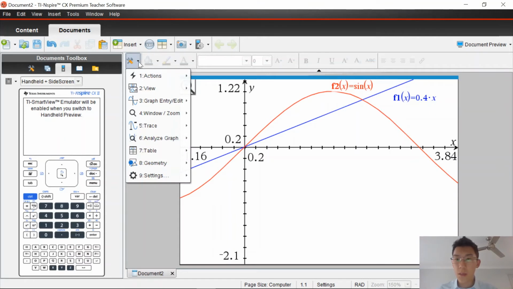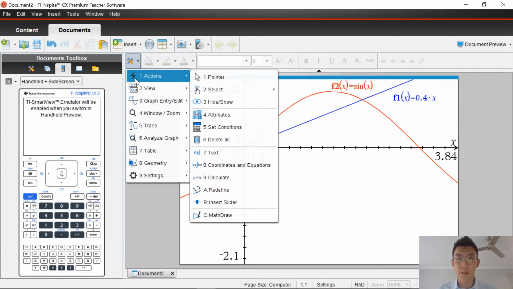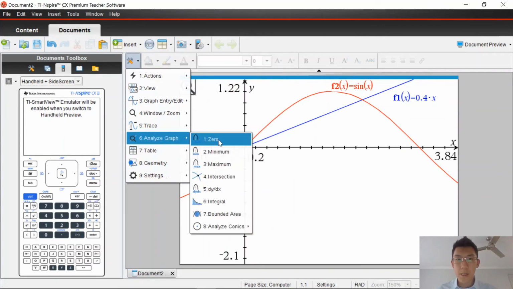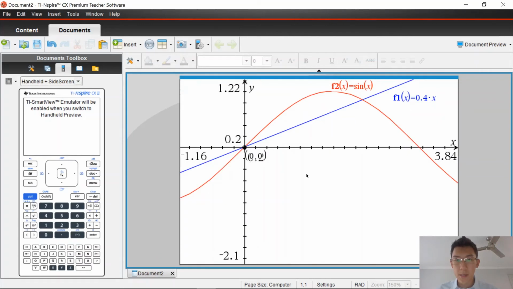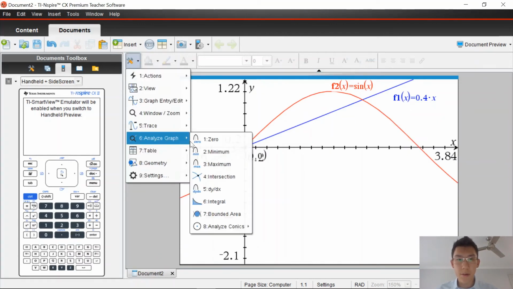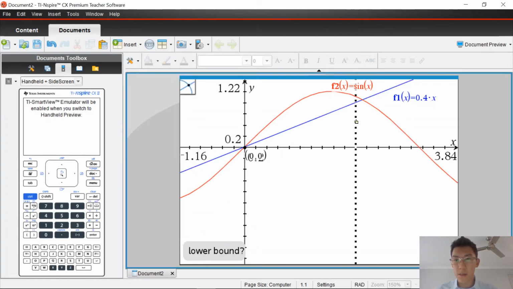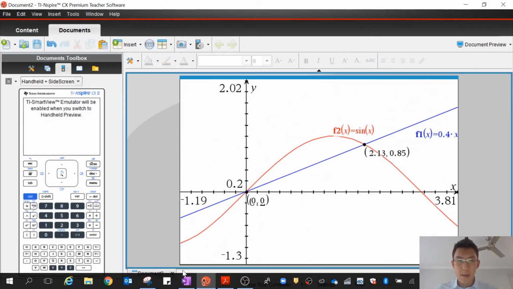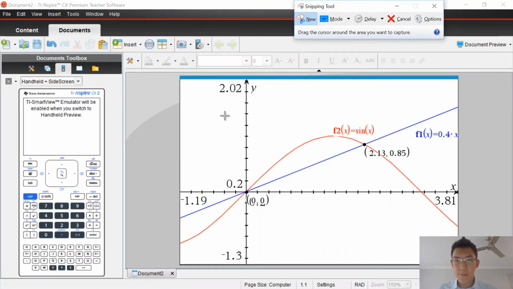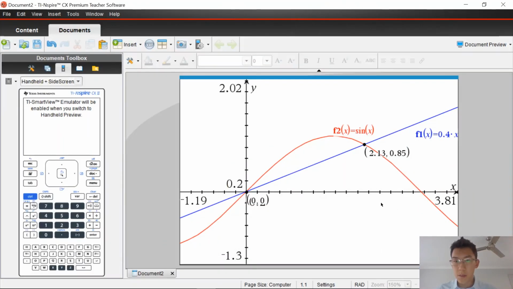And since I want the bounded area, so the area between the blue and red graph, I need to know where they're bounded, so that's our intersections. So we have one at 0, 0, and so analyze graph intersection, right, and 2.13. So let's go ahead and clip this into the question.